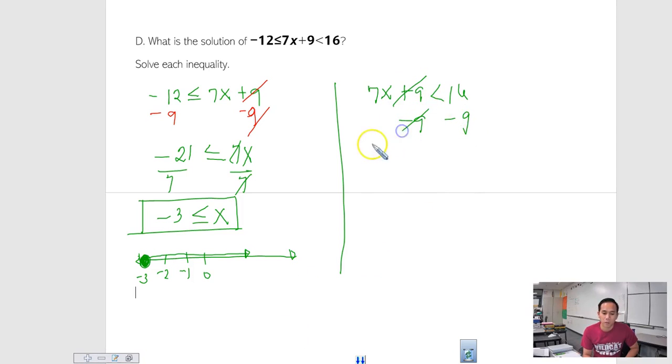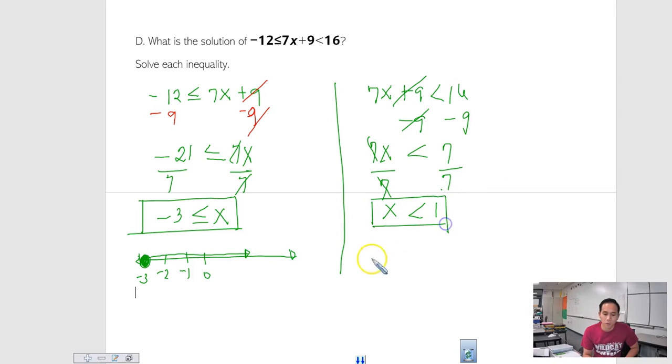Now on this part, we have to subtract 9 from both sides, so this will be canceled. You have 7x is less than 16 minus 9, which is 7. Then I'm going to divide both sides by 7, so x is less than 1.